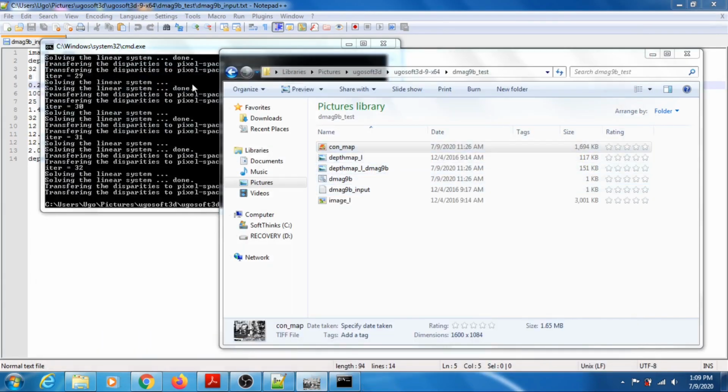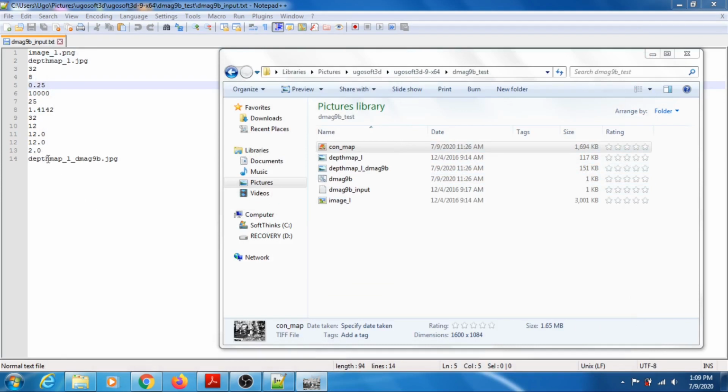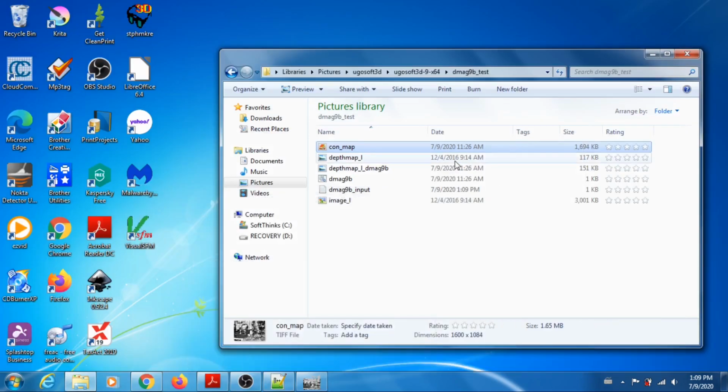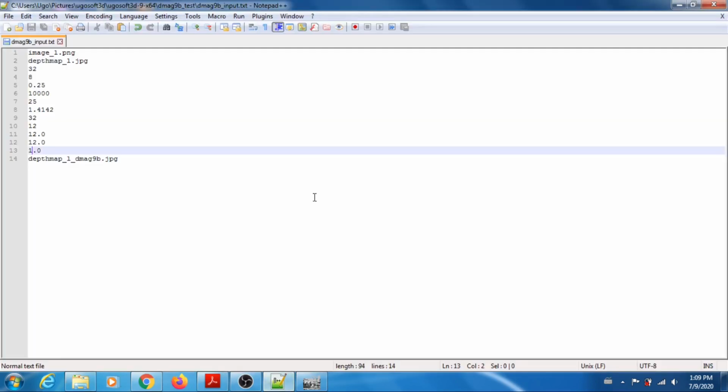Let's change it. I don't know which way you're supposed to go, but this was 2. Let's do 1 and see what happens. So let's run that one.